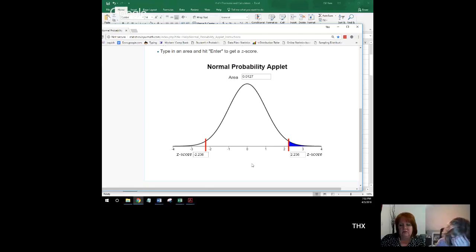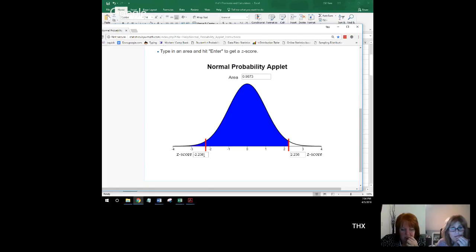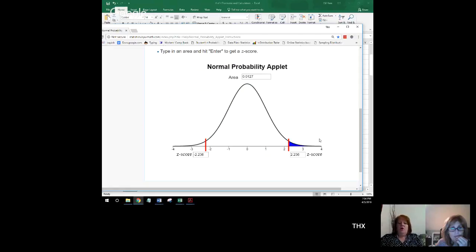Because the question is more than 8540. Maybe on my screen, I have the normal probability applet open. I put in our z-score, which we got correct, and I shaded just the right tail instead of before, when we had all of this shaded, and that was wrong. But this time we have this shaded.